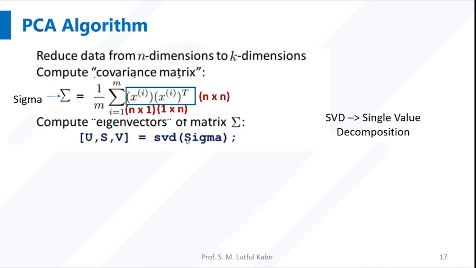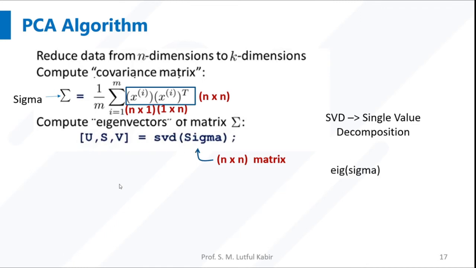Once you get the sigma, you apply that sigma into a built-in function. This is for Octave, and MATLAB also has a similar function, and other languages also have such functions. Ultimately you get USV. For the time being, we are interested in U. You remember we talked about U vectors, U1, U2, U3 up to UK. This is an n by n matrix, and sigma is n by n, and S is also n by n.